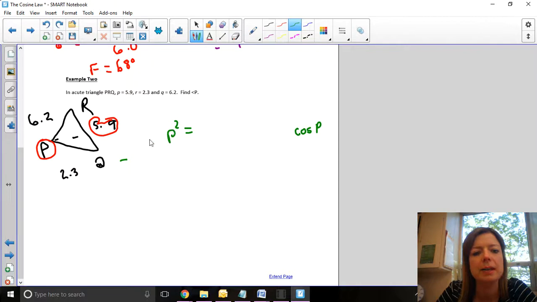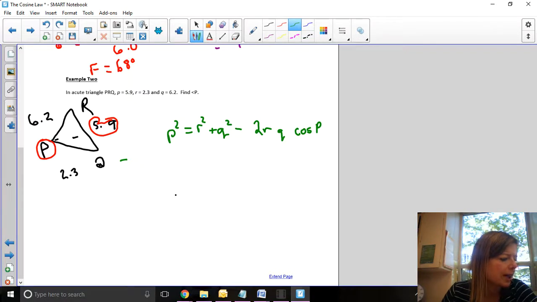So I want to start with P squared equals, and then I have my other two variables. So R squared plus Q squared minus 2RQ cos P. So now you just need to sub in what you know, okay, and solve for P.